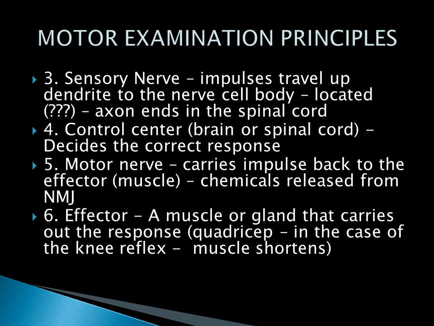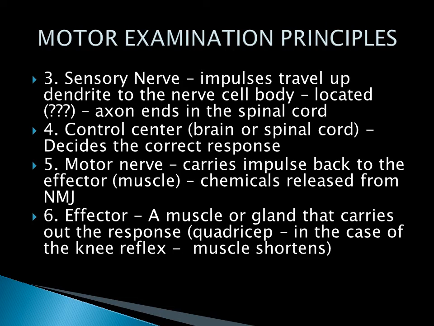As it forms the exiting spinal nerve, that neuron finds its way eventually back to the muscle, and in this case, if we're talking about the quadriceps knee jerk reflex, this motor neuron then ends up back down into the quadriceps, traveling through the femoral nerve, and it creates a synapse at the quadriceps muscle at a junction that we call the neuromuscular junction.